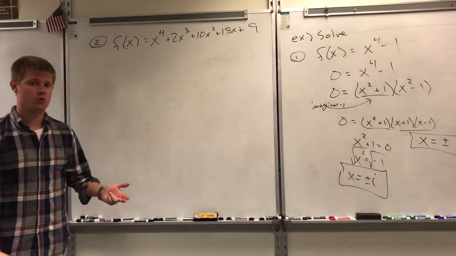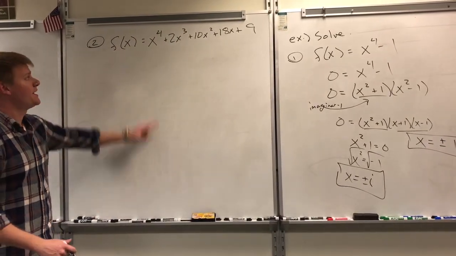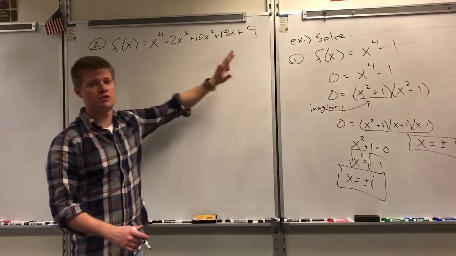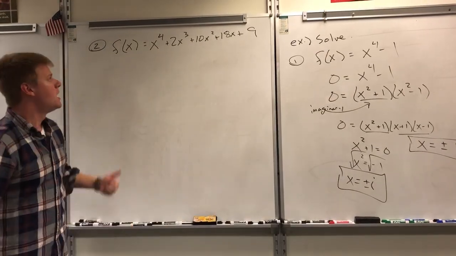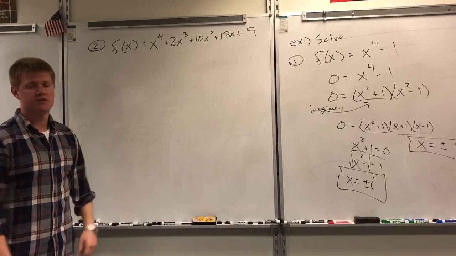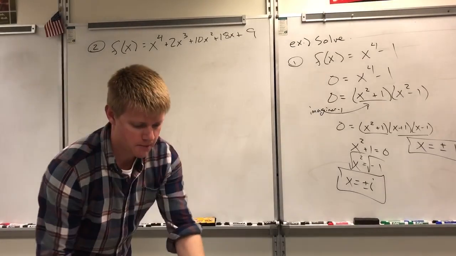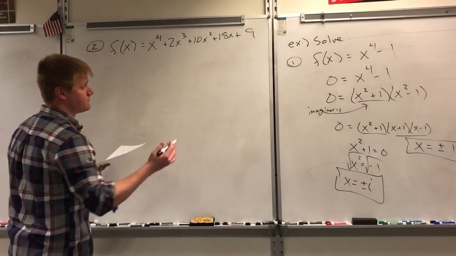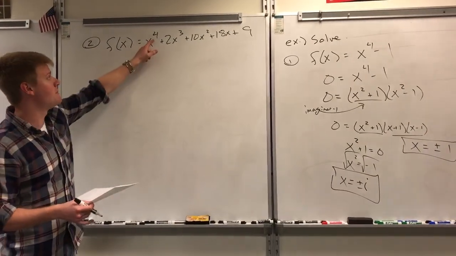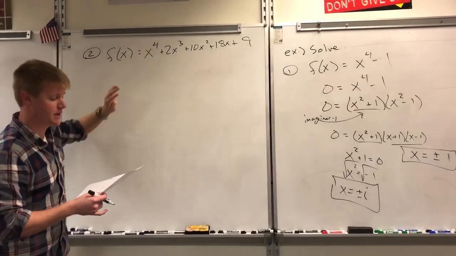That's used when there are four terms. However, I would make a note of this. Anytime you have more than four terms, and you can see we have 5, any more than 4, you have to use synthetic division to get your polynomial more reduced than what it is at the beginning. So once again, just like the last one, I know I must get 4 solutions, have to.